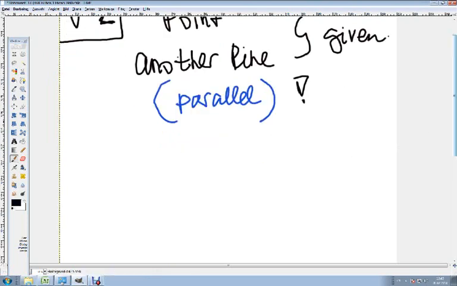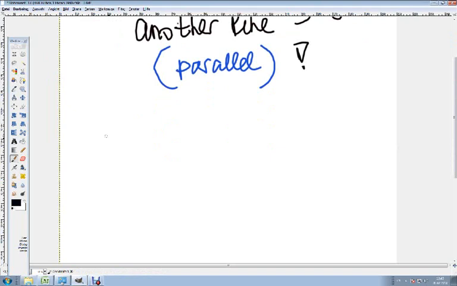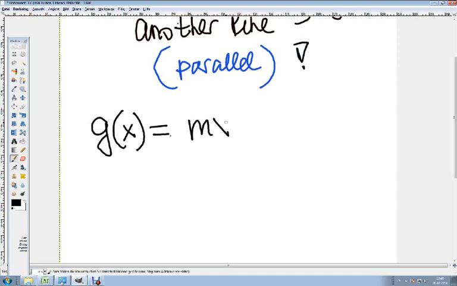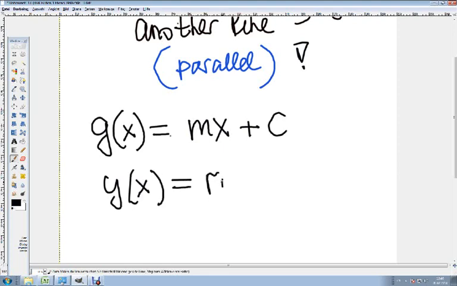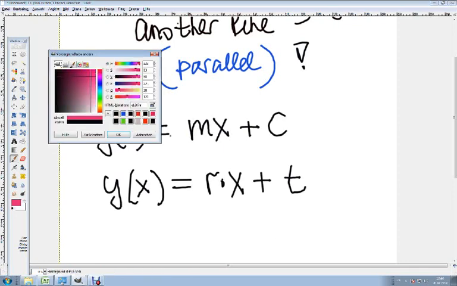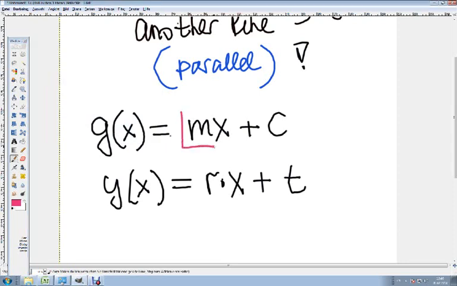So what about parallel? If I have two lines like this, g of x equals mx plus c, and another line y of x equals r times x plus t, we have a gradient of those lines. Here is m, and here is gradient r.